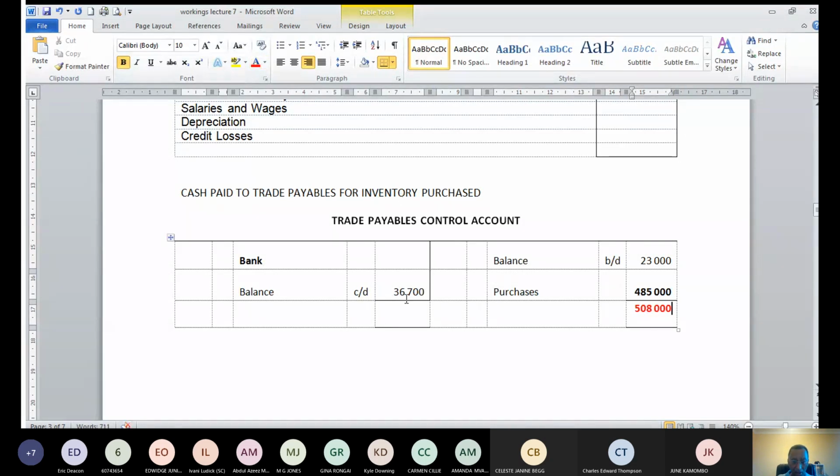Balance that account: on the debit side, also put in the 508,000 Rand. Subtract now the 36,700 from your closing balance.